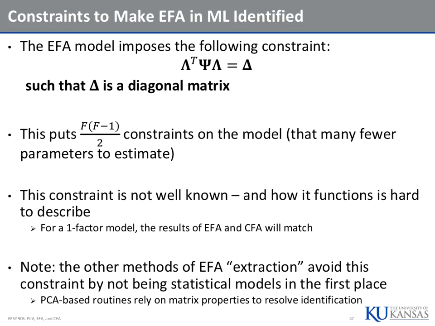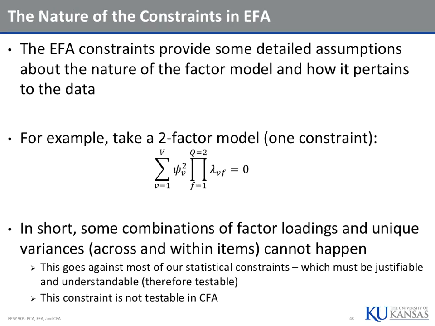And so when we get there, when we get to the CFA version of this, we're going to put the same number of constraints in. It's just we're going to know what they mean. It's not going to be this crazy set of constraints that we see here. Right? So what does it mean? Here's a two-factor model. It means that across all the items, the sum of the product of the items' residual variance times their product of loading should be equal to 0.